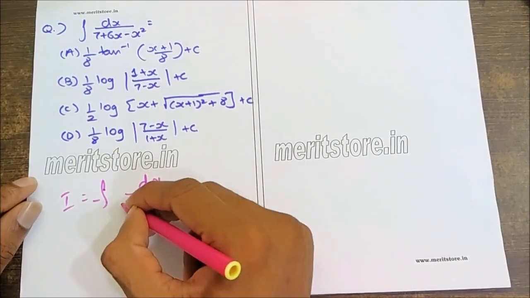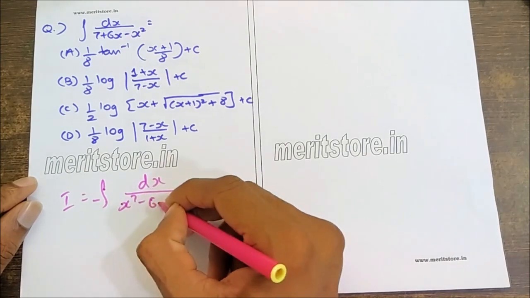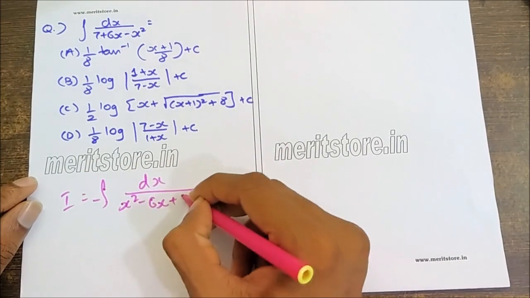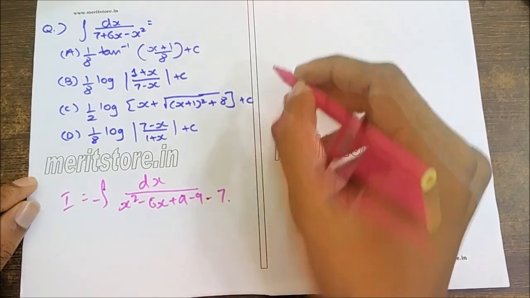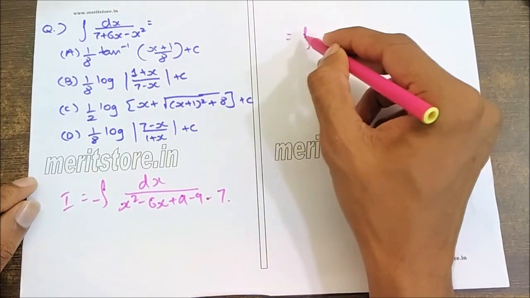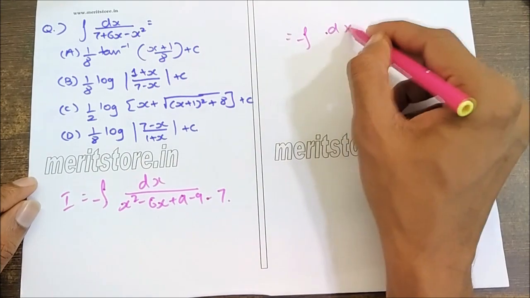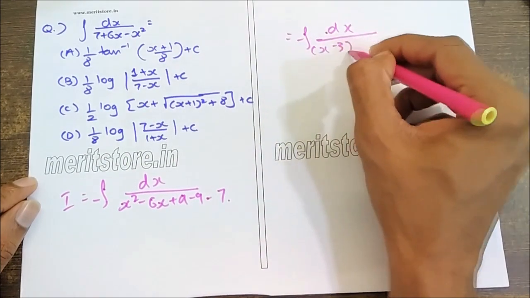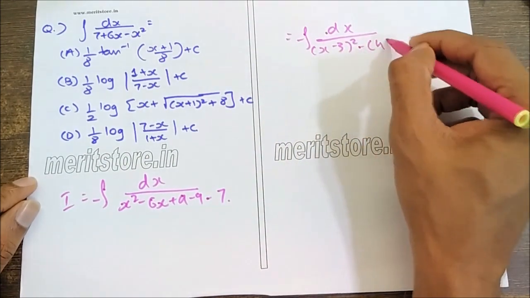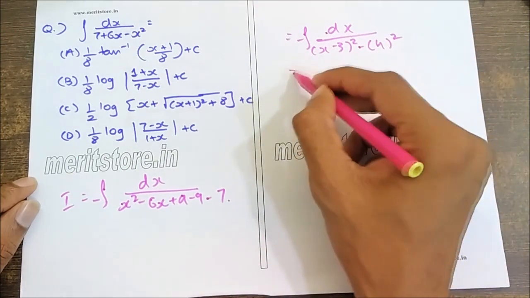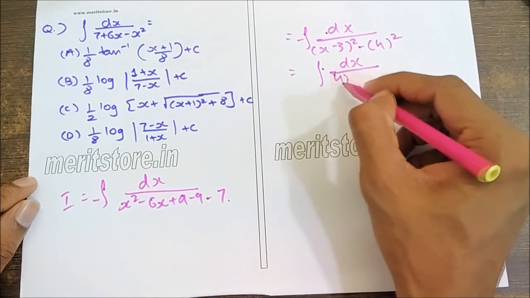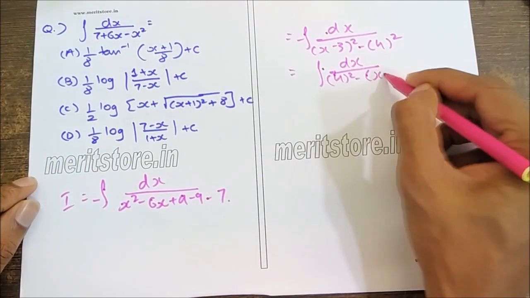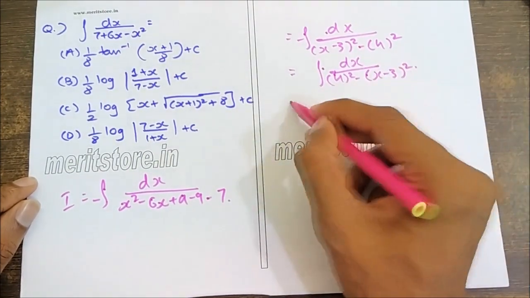We take a minus out, x square minus 6x plus 9 minus 9 minus 7, so that we can write this as minus integral dx upon x minus 3 the whole square minus 4 the whole square. So we can write this as integral of dx upon 4 the whole square minus x minus 3 the whole square.